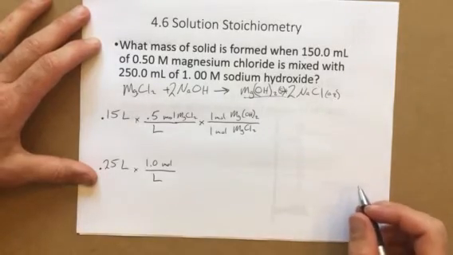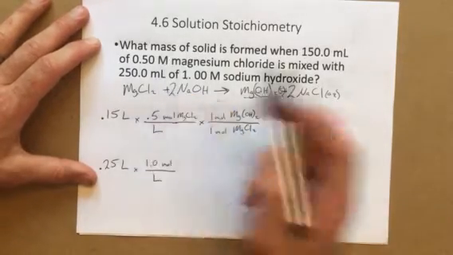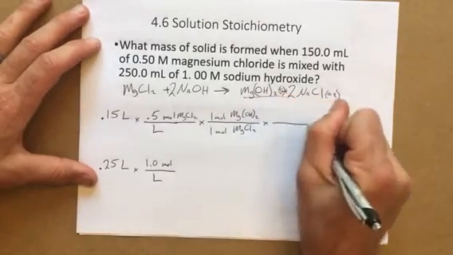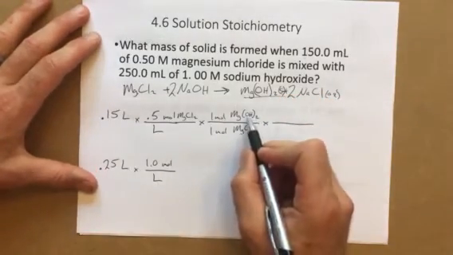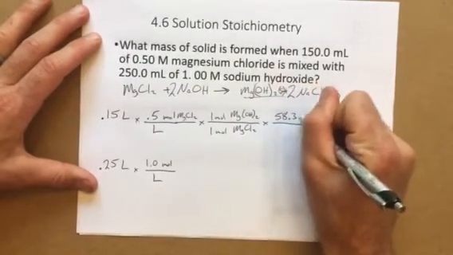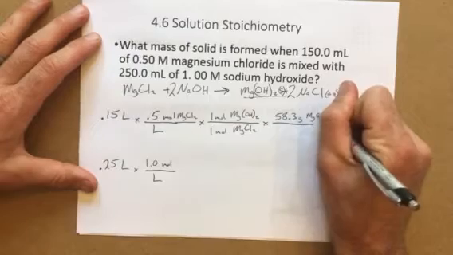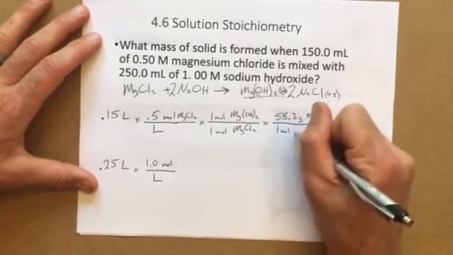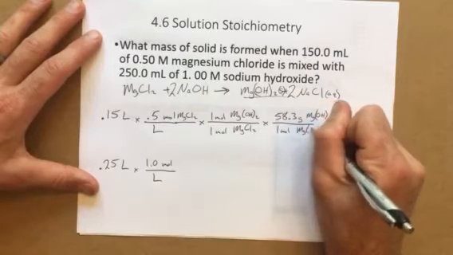And then this question asks us about what mass of the solid can form. So we know what the solid is, it's magnesium hydroxide. We'll use the molar mass of magnesium hydroxide, so I add that together. I think it's 58.3 grams of Mg(OH)2 for every 1 mole of Mg(OH)2.